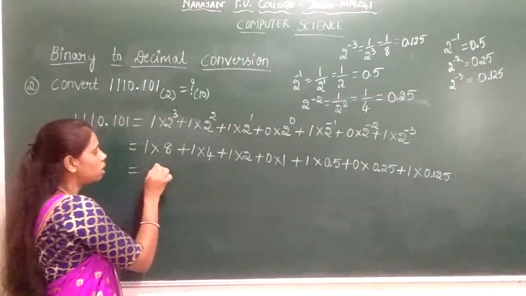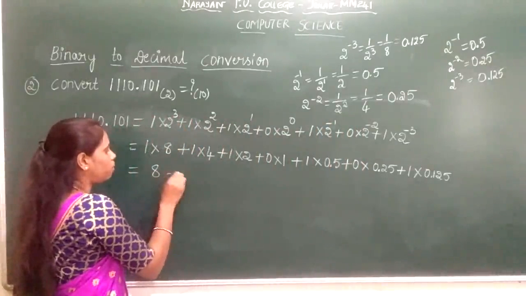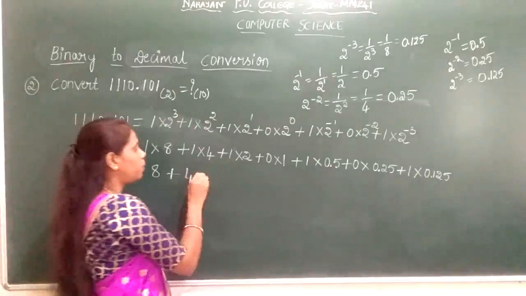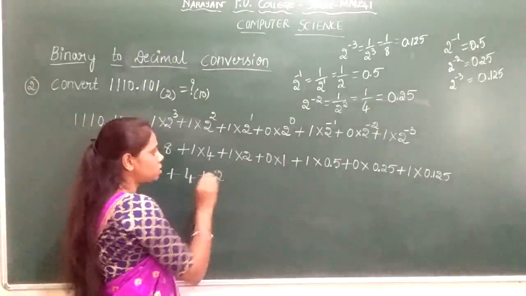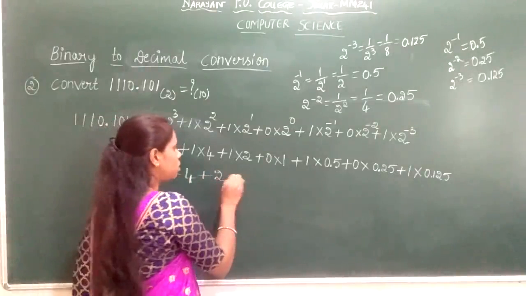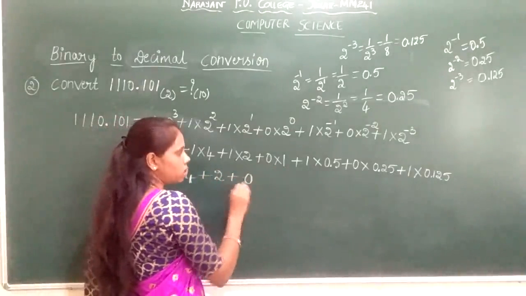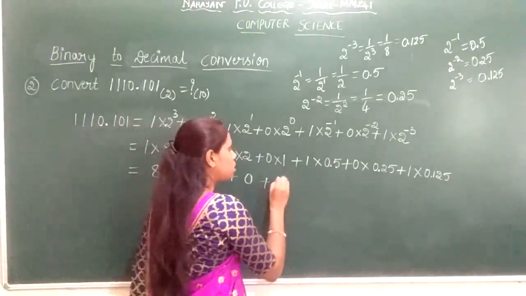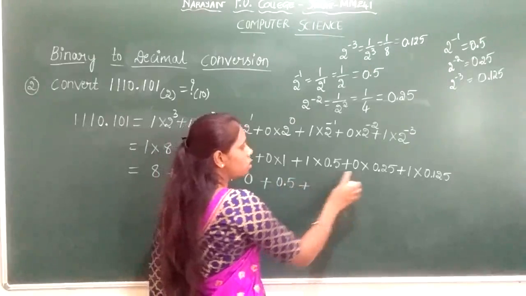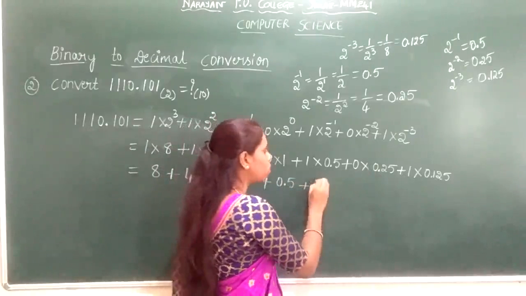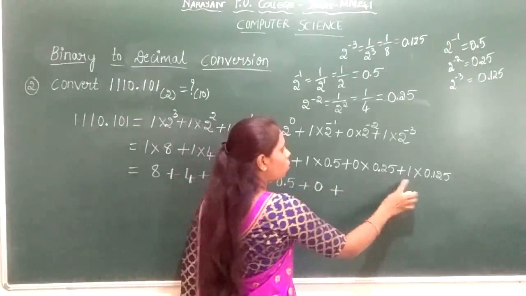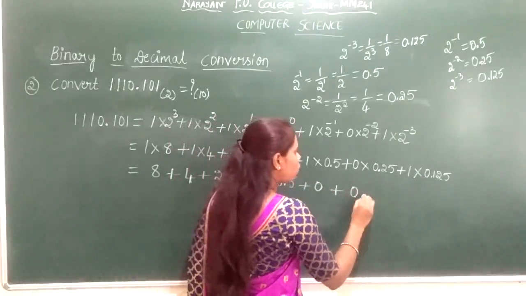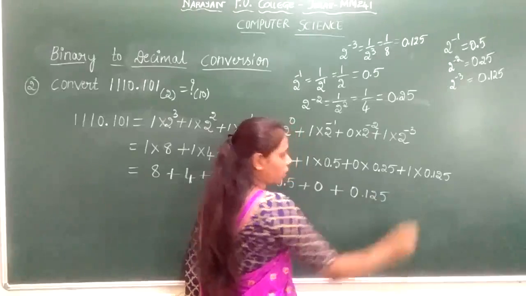8 into 1 is 8 plus 4 into 1 is 4 plus 2 into 1 is 2 plus 0 into 1 is 0 plus 1 into 0.5 is 0.5 plus 0 into 0.25 is 0 plus 1 into 0.125 is 0.125.